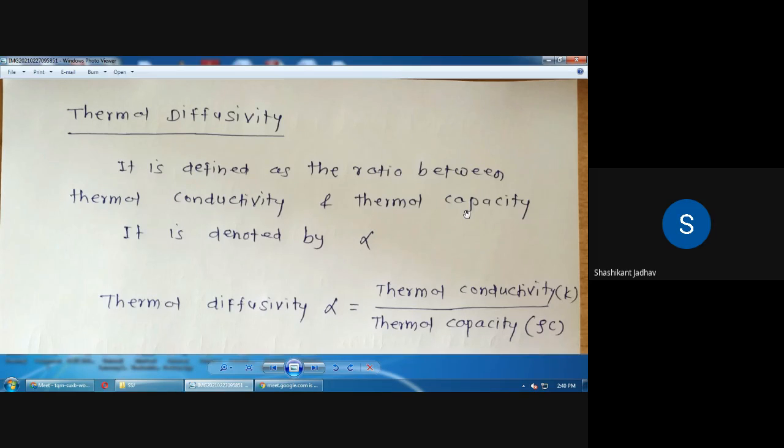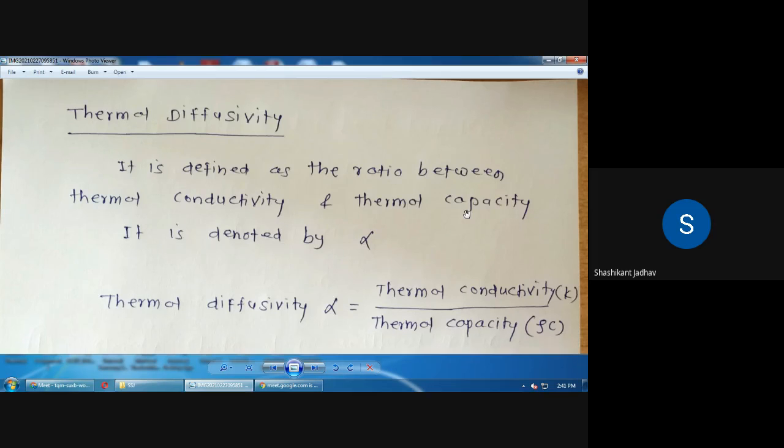Thermal storage capacity we call m C p delta T, the same equation in the form of mC. Okay, so thermal diffusivity alpha is equal to what? It is the ratio of thermal conductivity to the thermal capacity. What will thermal conductivity be? K. And what is the value of thermal capacity?